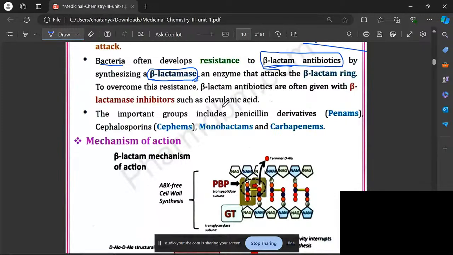How are we going to kill this bacteria? By using a combination therapy.